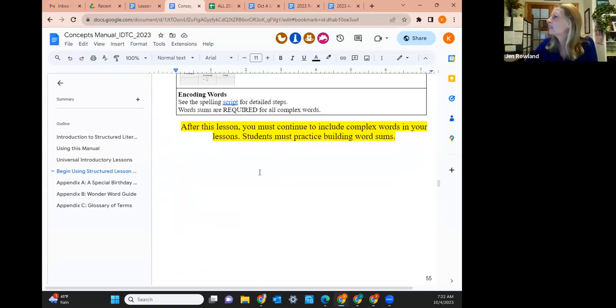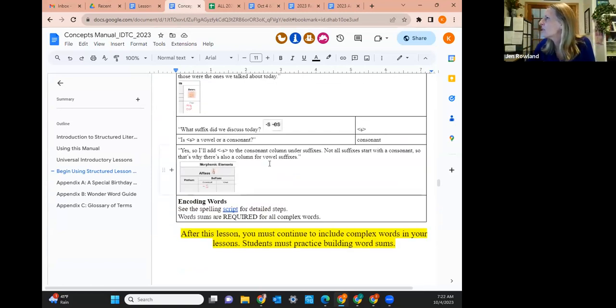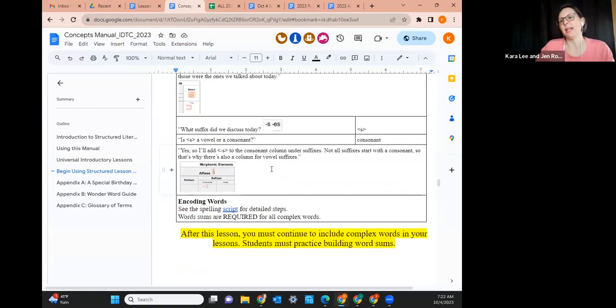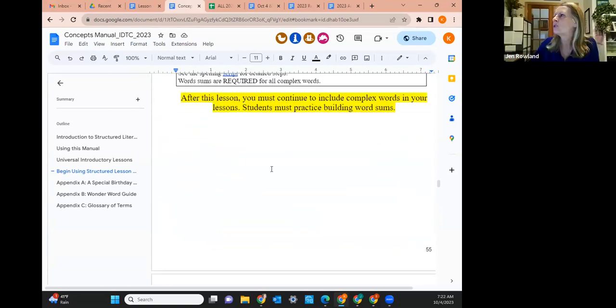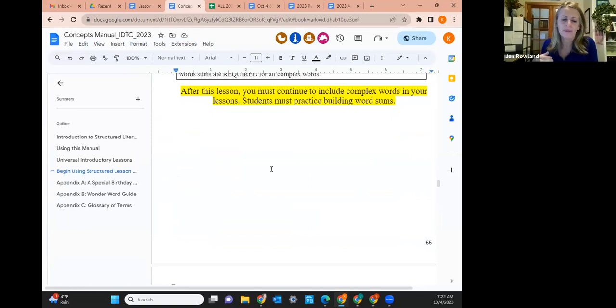Well, would this be considered Kara, ES also, or just no? This is just, yeah. We just start with S. Mm-hmm. Okay, so just S. So you'll have caps, and you'll have ends or whatever. But you have to make sure you include a complex word from now on, or you're going to get docked.